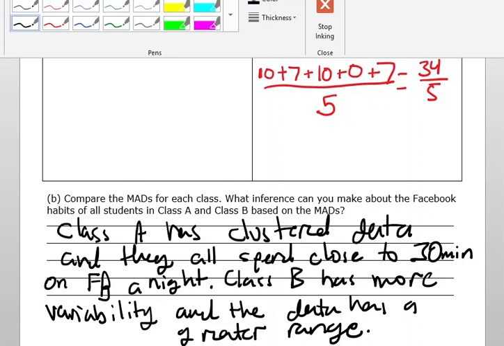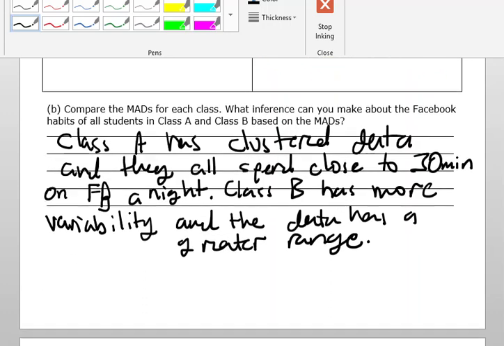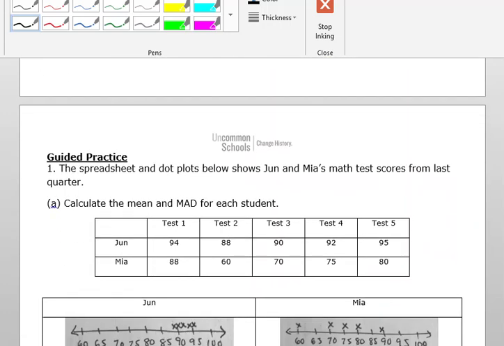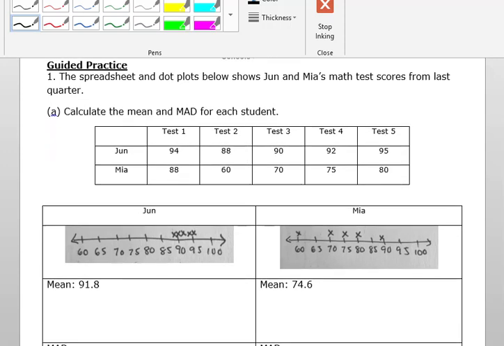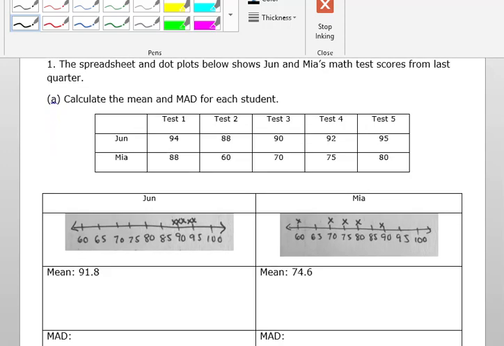Can I make inferences about data even if I'm working with different sets of data that have different means? And the answer is yes, you can. Okay, and we're going to take a look at doing that today. So we're going to take a look at our guided practice here.